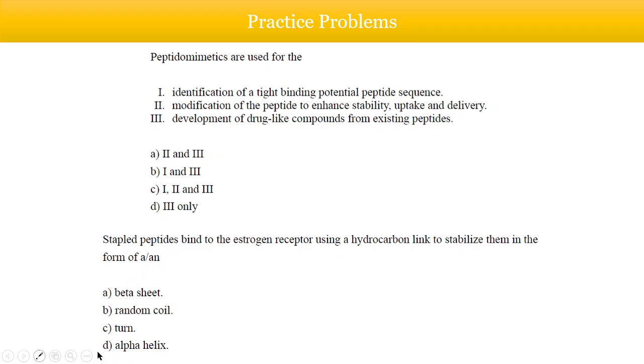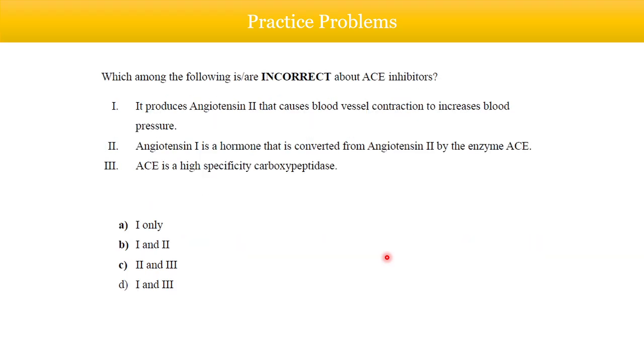The correct one is alpha helix, that is option D. The hydrocarbon link stabilizes an alpha helix, and then this particular peptide binds to the estrogen receptor.